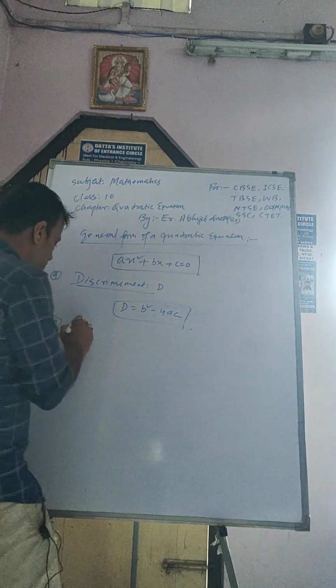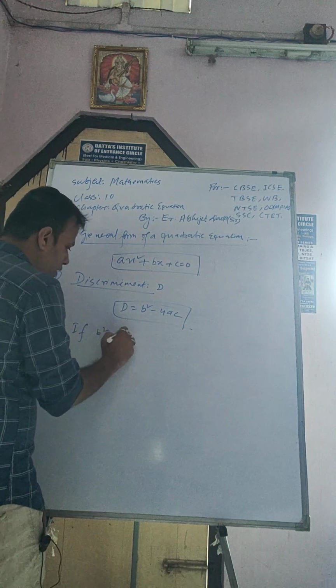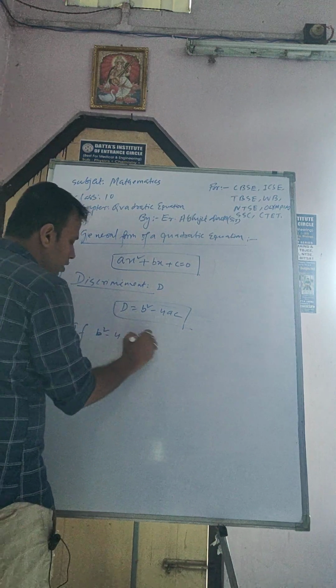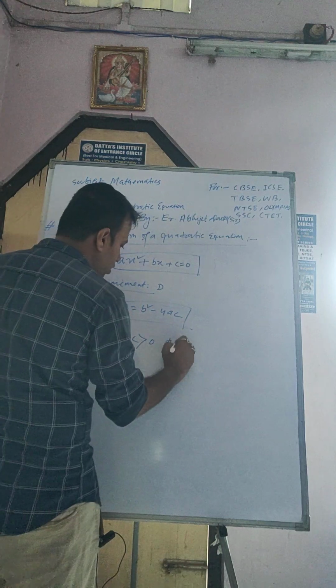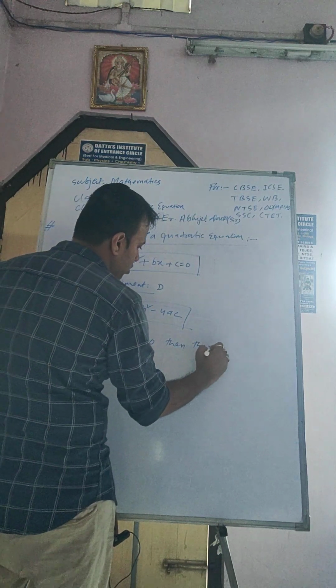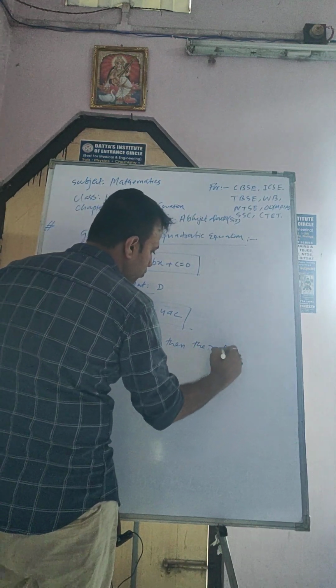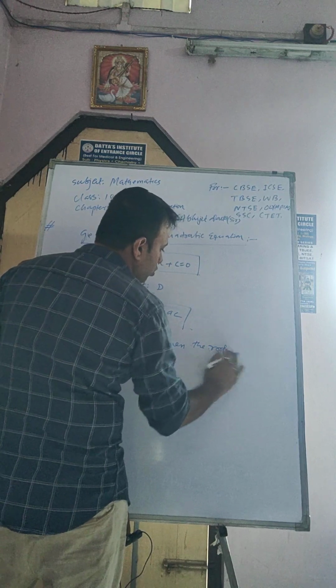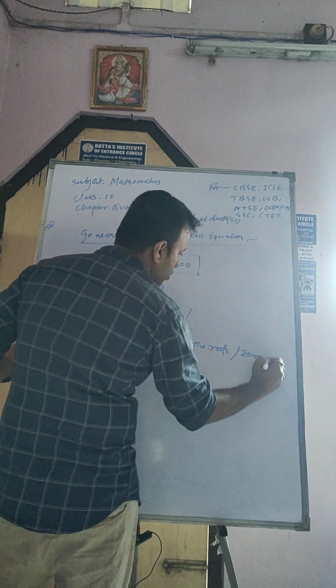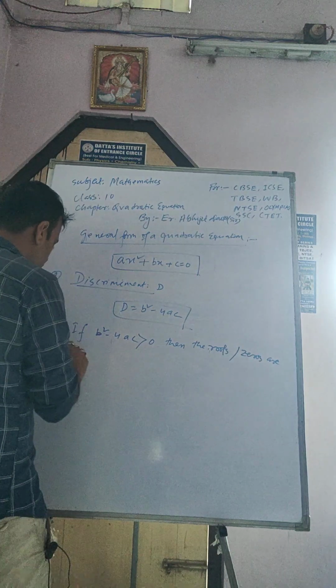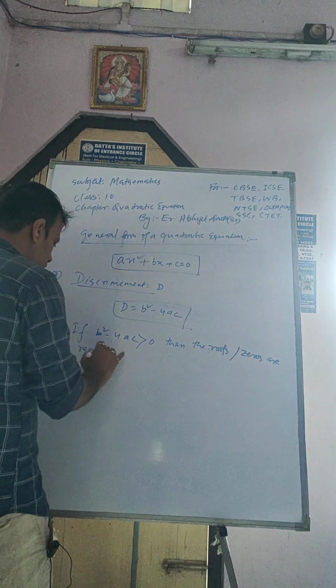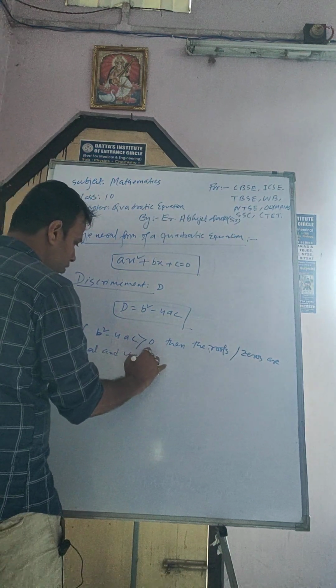Okay, if b square minus 4ac is greater than 0, then the roots or zeros are real and unequal.